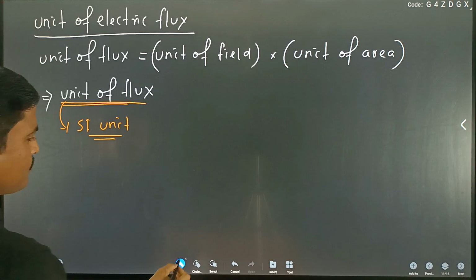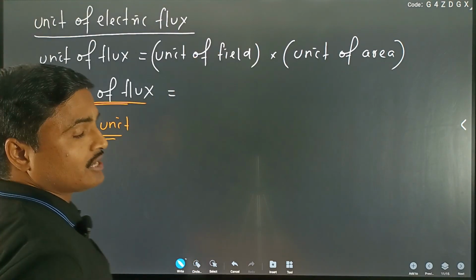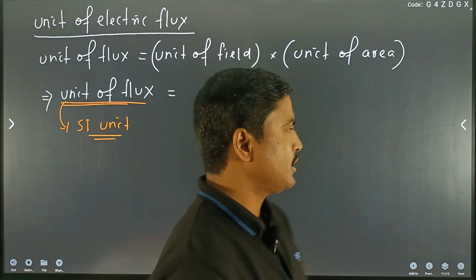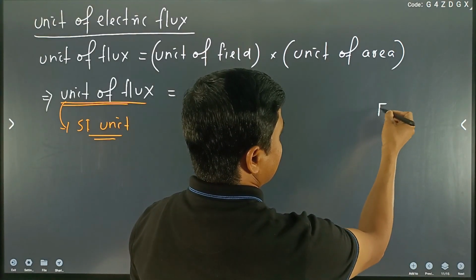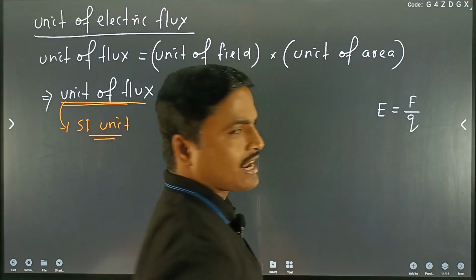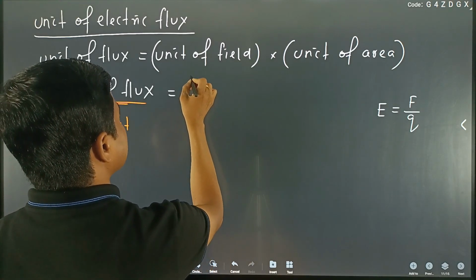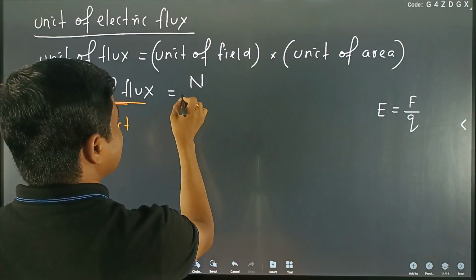What is the SI unit of flux? You know the unit of electric field. You know this formula: electric field E is equal to F divided by charge, and you know the unit of force, that is Newton. That is the SI unit.